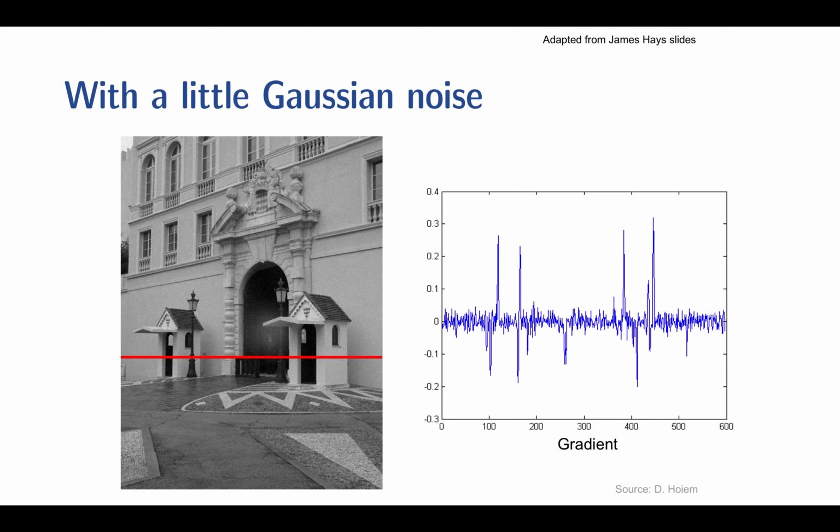All right. Now one problem in computing derivatives: I showed you those edges, which appear as peaks in the derivative. But if you have a bit of noise in your image, here we added a little Gaussian noise, by which I mean normally distributed random numbers, zero mean but with some variance, they add or subtract to the pixel value.